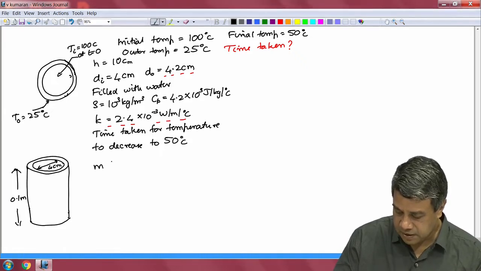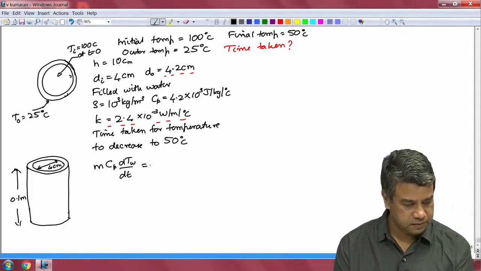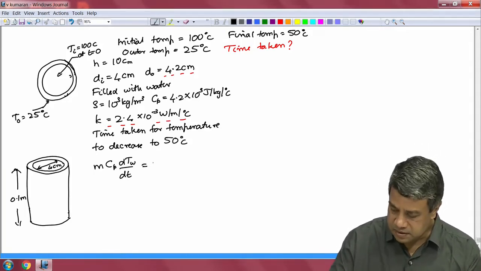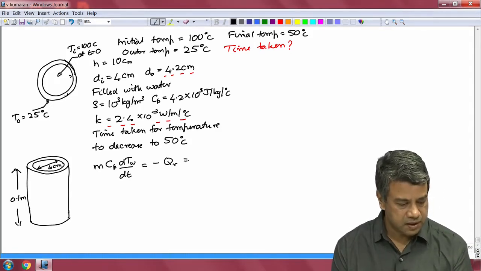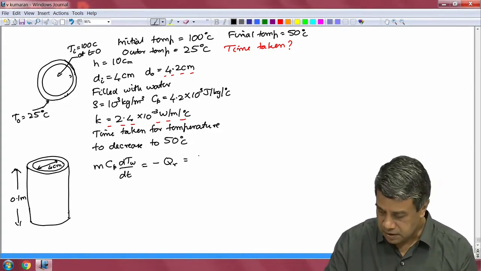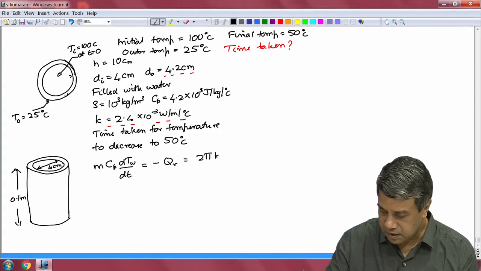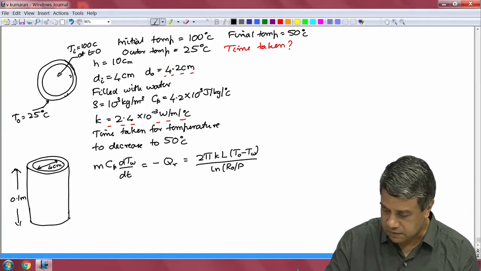The rate of change of energy of the water, m Cp times dT_W by dt, is equal to minus of the total heat transfer rate. And if you recall, the heat transfer rate was given by negative of 2 pi k L into the outside temperature minus the water temperature divided by the natural logarithm of the ratio of radii.